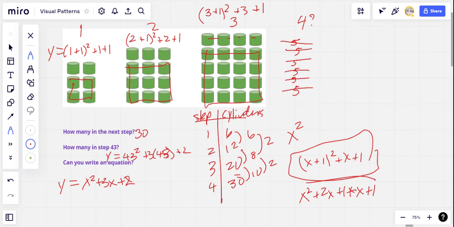So 43 squared is 1,849, plus 3 times 43. So 3 times 40 is 120, so that's 129. And then plus another 2. I'm getting 1,980. Let me know if you got the same thing.